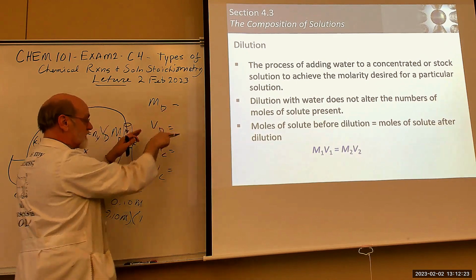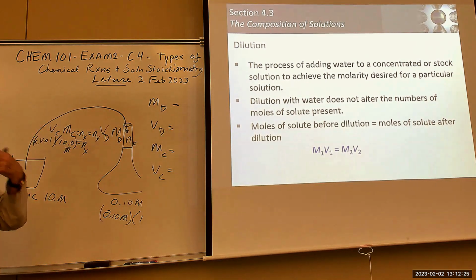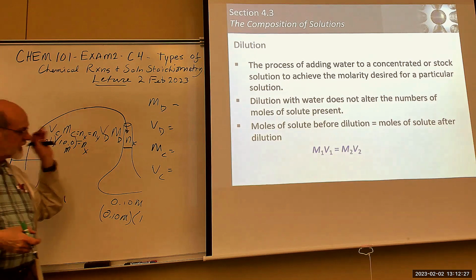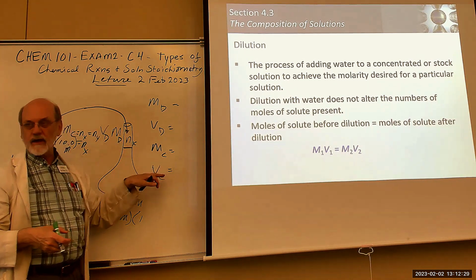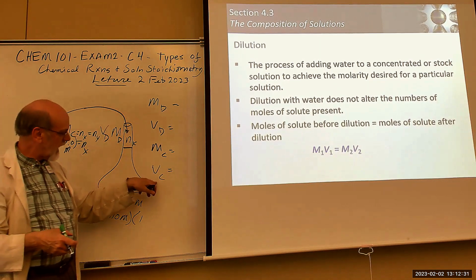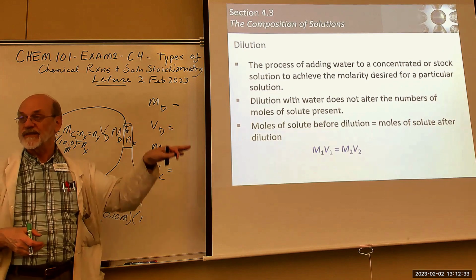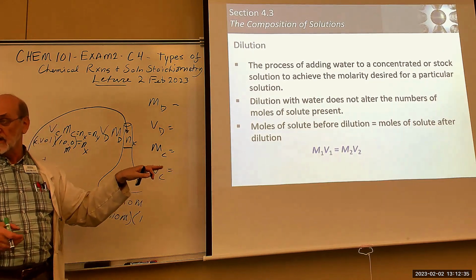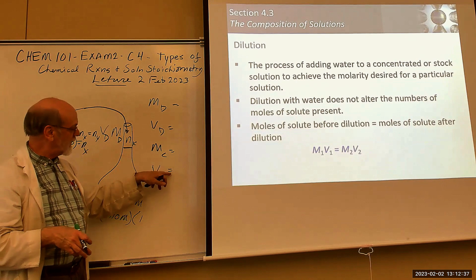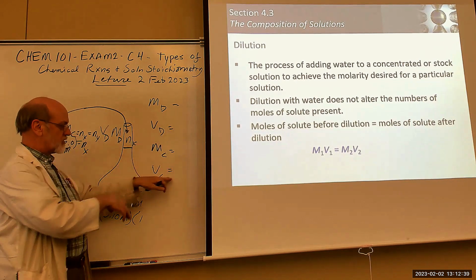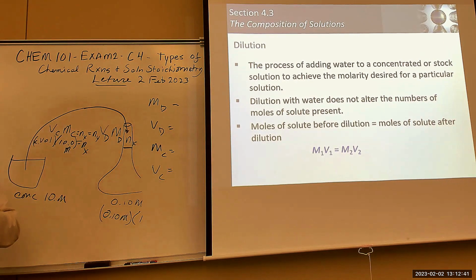And then I'll put the numbers in there. I'll query the problem, put the numbers in there, and I'll find the unknown, which is usually how much of the concentrated volume do I need to put in there to get the desired concentration of the diluted. And then I'll set up the equation and solve for the unknown. That way I don't make any mistakes.